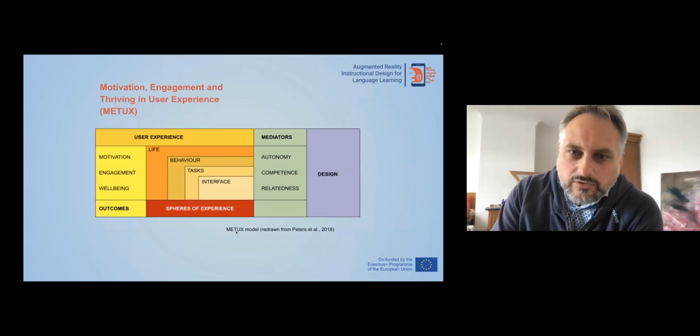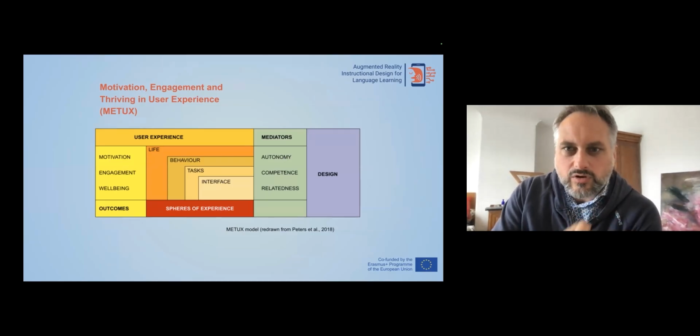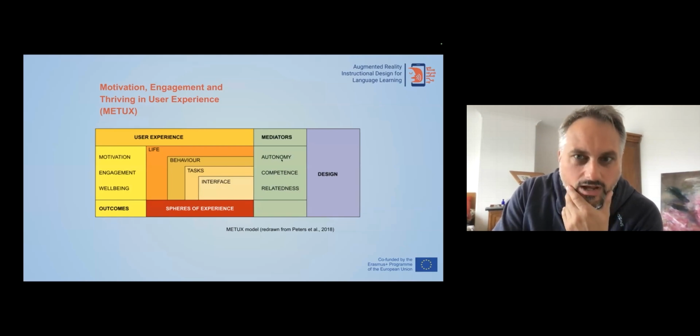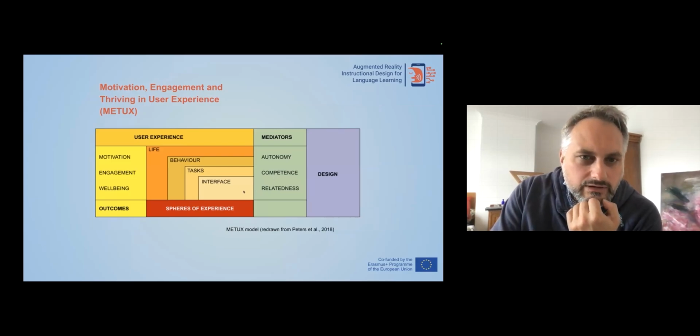And when we follow the METUX model, we can see the design of learning experiences is mediated by autonomy, competence, and relatedness, our psychological needs that we strive for: self-fulfillment, control, agency, feeling competent, feeling able, and having a sense of belonging. And we need to consider these in each of the spheres of experience when we look at user experience.